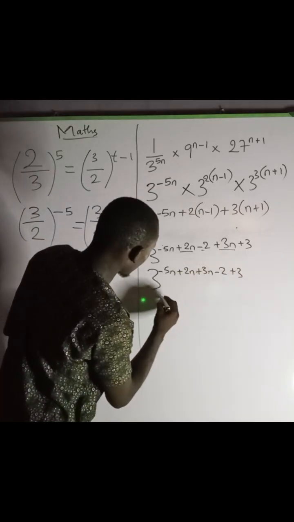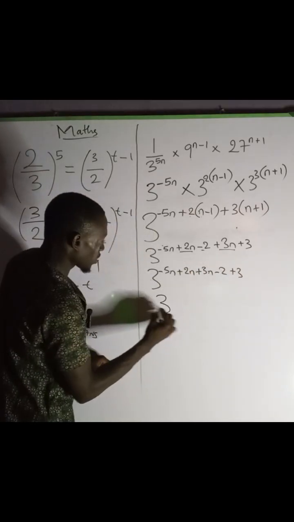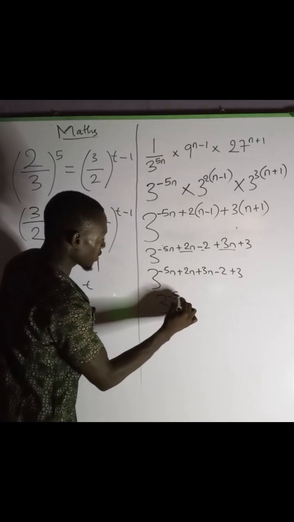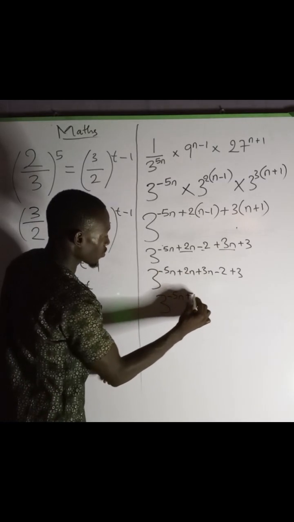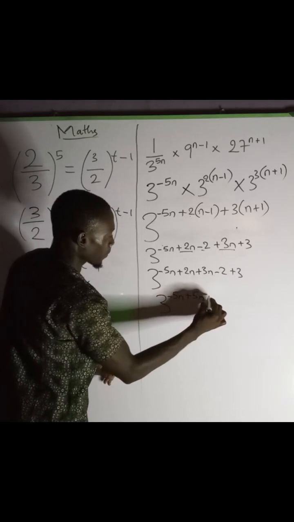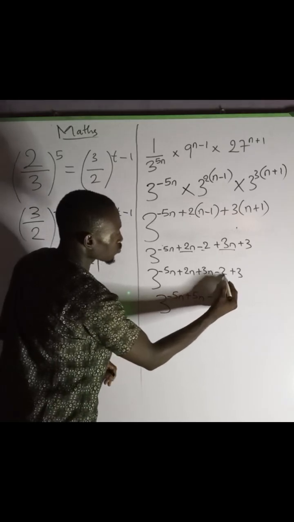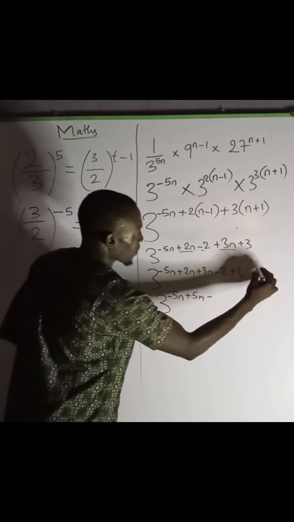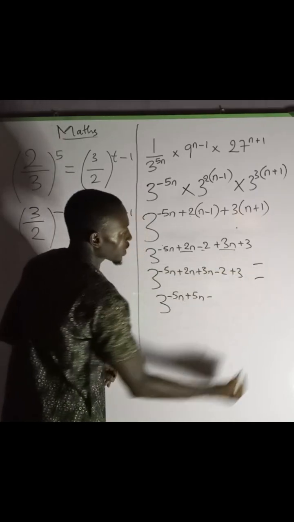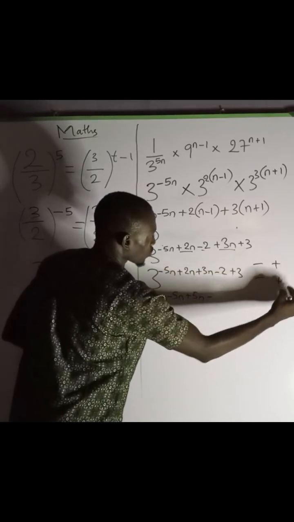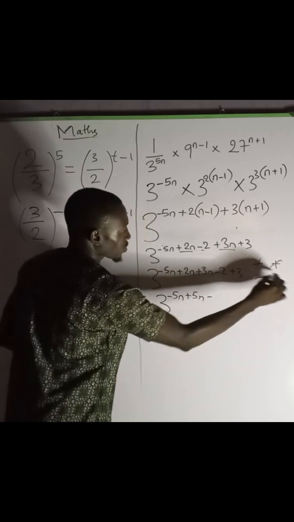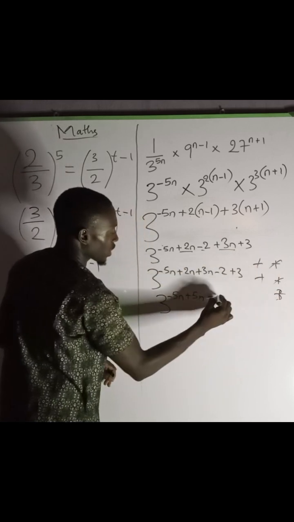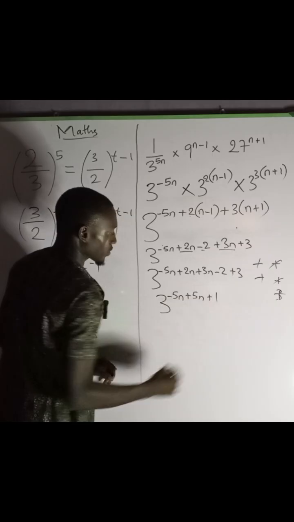If you do this, here will now be minus 5n, 2 plus 3 gives us plus 5n, and minus 2 plus 3 leaves plus 1. So here we have plus 1.